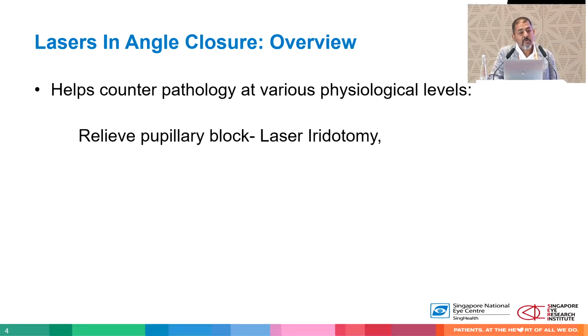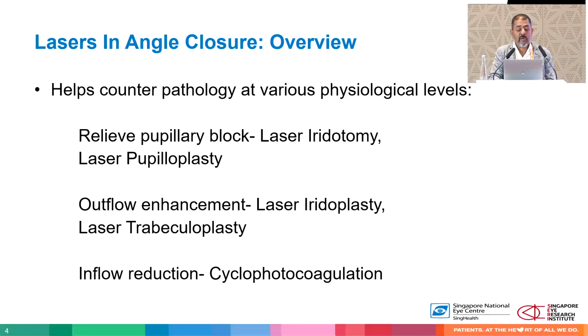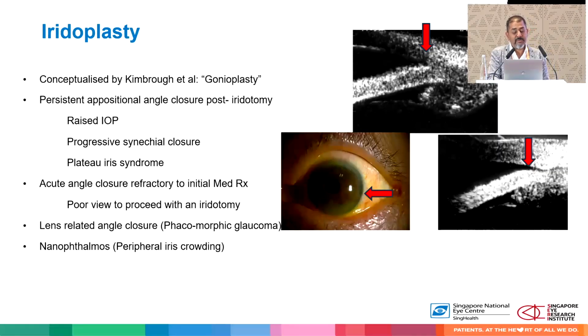Just to give you an overview of what lasers can achieve in terms of countering pathology at various physiological levels, as far as angle closure goes, it helps us relieve pupillary block by doing the iridotomy, allows outflow enhancement once we do the iridoplasty and trabeculoplasty, and inflow reduction when we do cyclophotocoagulation.